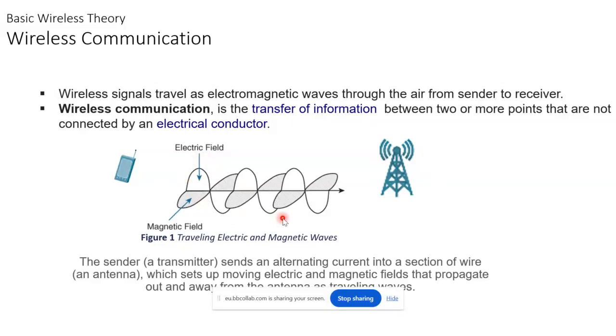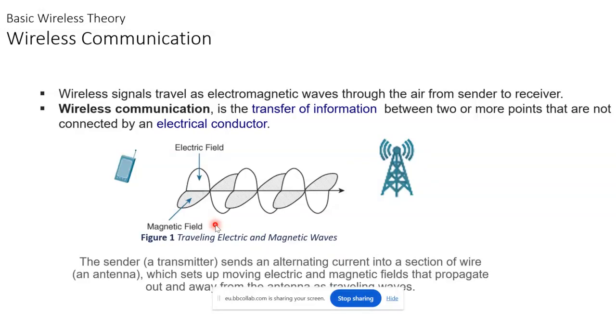Furthermore, we mentioned that wireless communication is the transfer of information between two or more points that are not connected by an electrical conductor. The transfer of information between two or more points, up to here, is communication. But when we say that are not connected by an electrical conductor, this is wireless communication. So the sender is a transmitter that sends an alternating current, AC current, into a section of wire, an antenna.